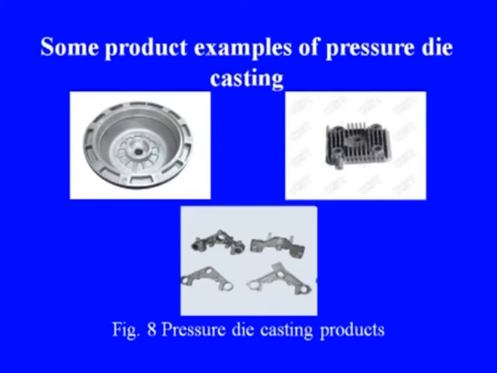In the cold chamber process, if there is a time lag, it can lead to non-filling of the cavities, and molten metal may get solidified earlier than filling the molds. Some of the products manufactured through pressure die casting are shown in this figure.